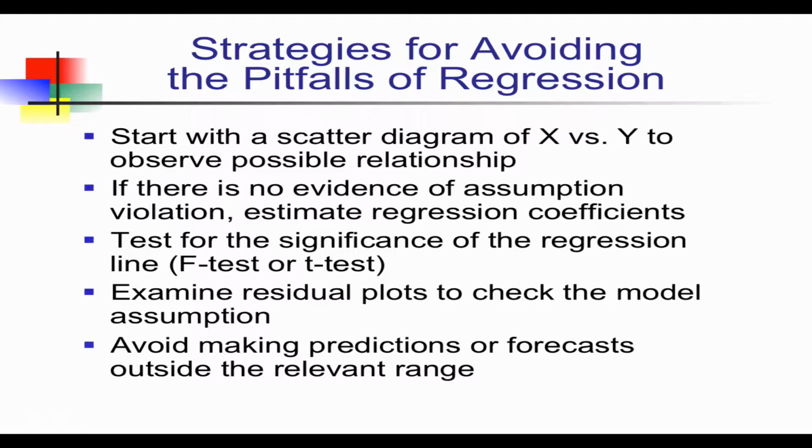And last but not least, we learned how to make predictions based on regression, because your prediction is just y hat equals beta 0 hat plus beta 1 hat times x i. So this would be your prediction of y.